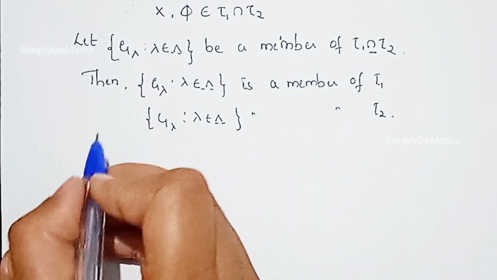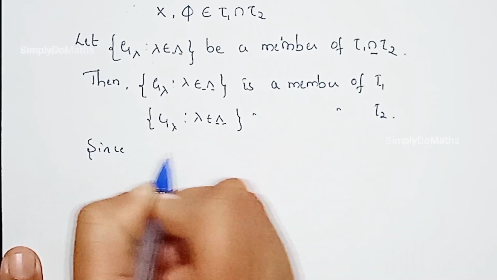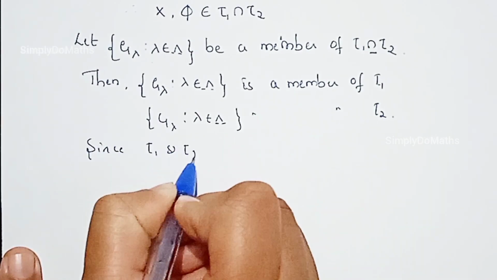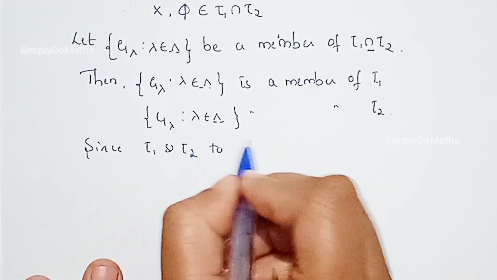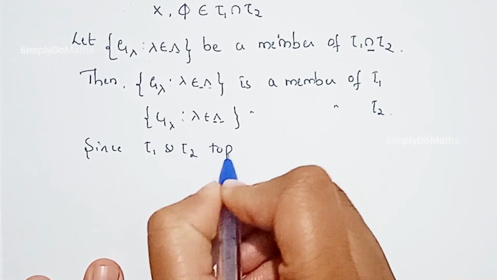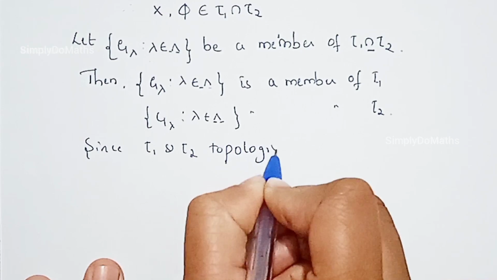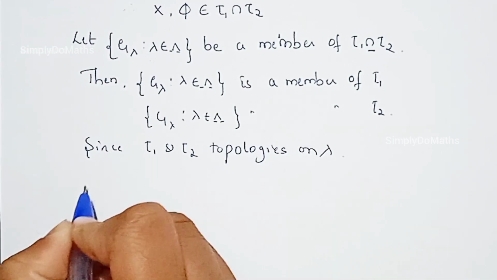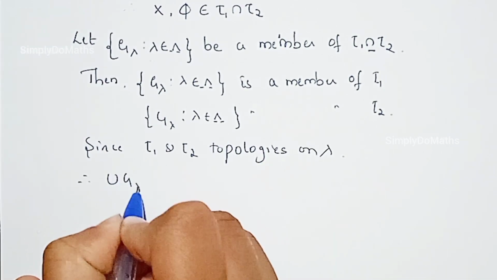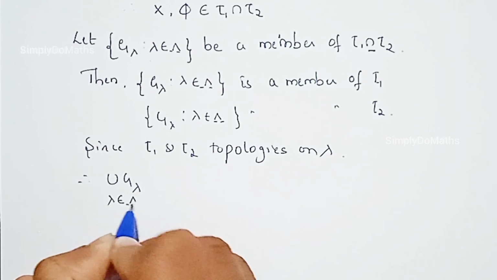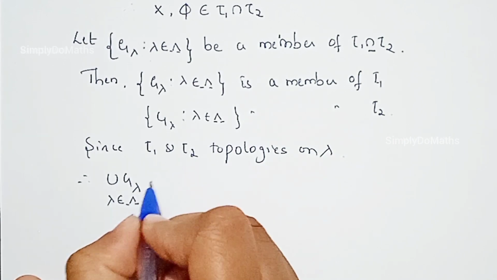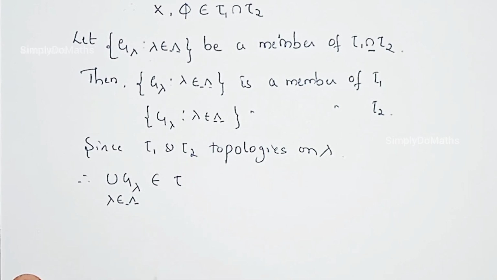As we know, tau1 and tau2 both are topologies on X. So since tau1 and tau2 are topologies on X, union of G lambda, provided lambda belongs to the index set, is an element of tau, that is, union of members of tau is a member of tau, by the definition of topology.